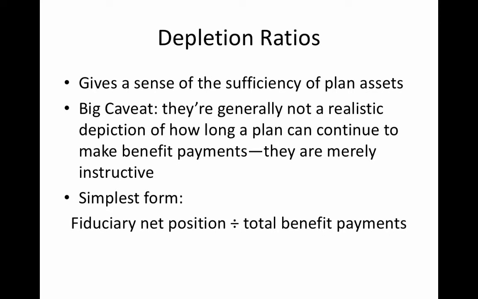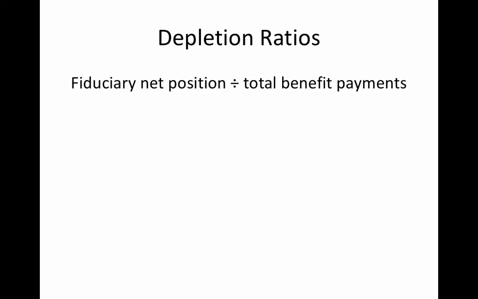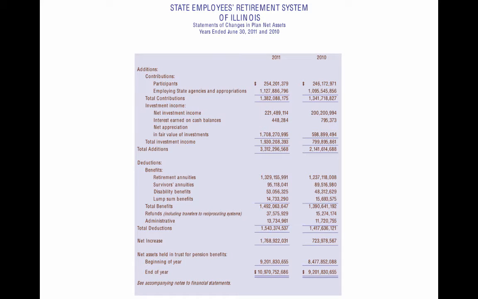And in its simplest form, you're taking fiduciary net position and dividing it by total benefit payments. So if you were to look at a particular plan, and here's one from a few years ago, the retirement system of the state of Illinois, which is a particularly poorly funded plan, so one that you would think on the whole would probably deplete its assets faster than most.